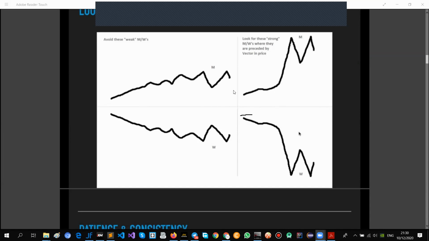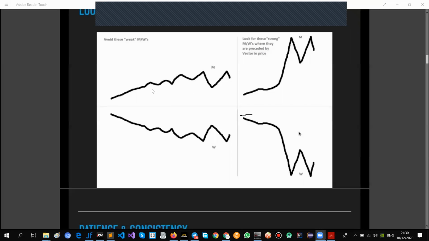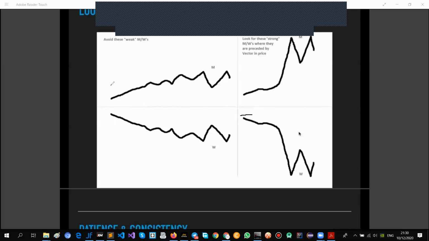A W or M that is taking too much time to form, with no outside structure, and is just lazy like this, is weak. This one too is weak.